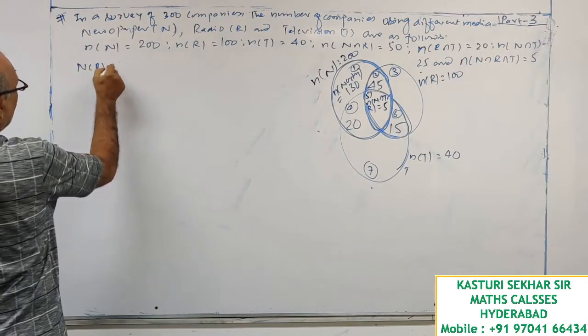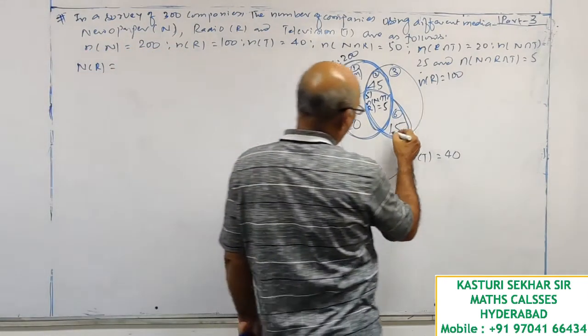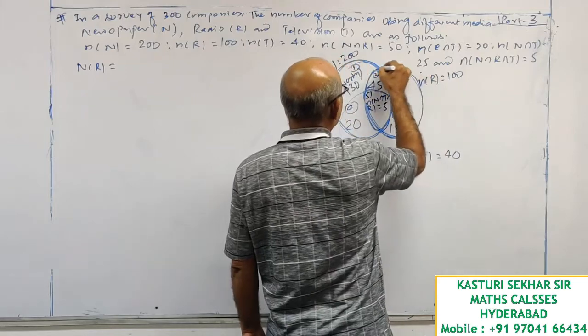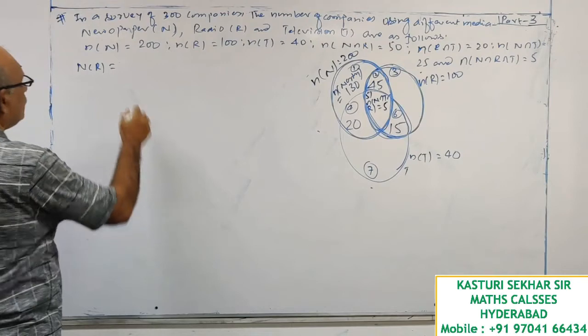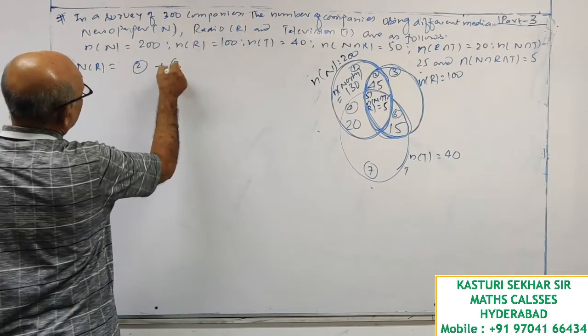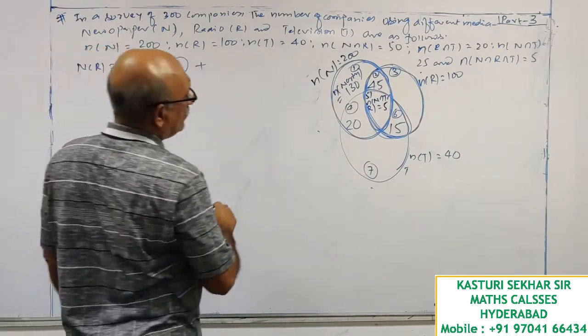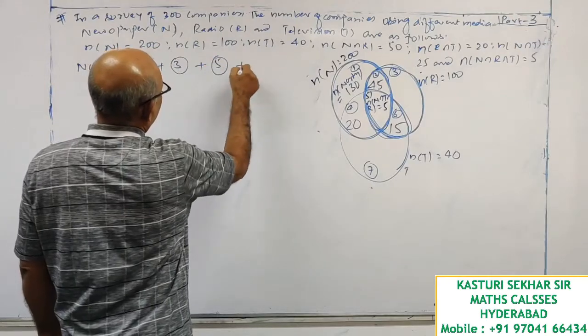This is n of radio, this part. Again it is divided into 4 parts: 2 plus 3 plus 5 plus 6.